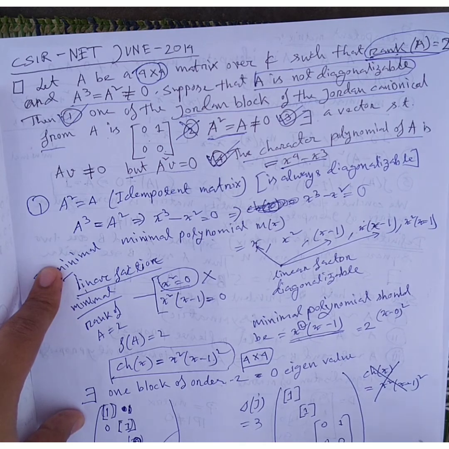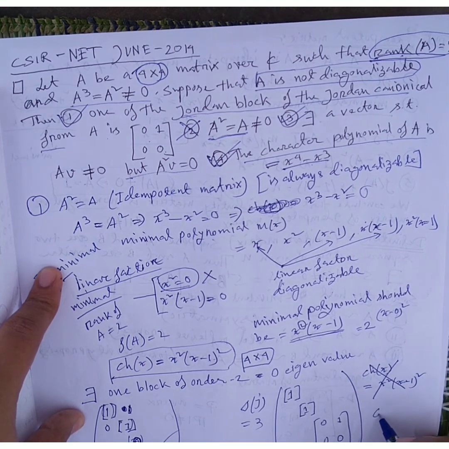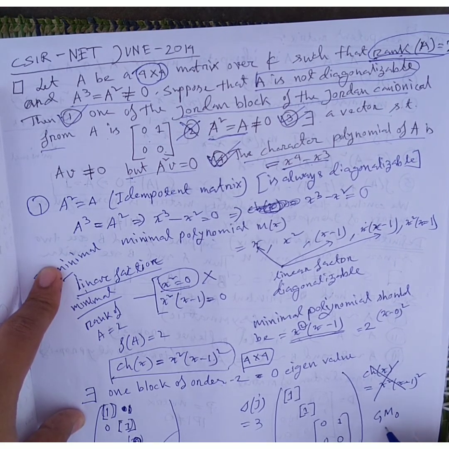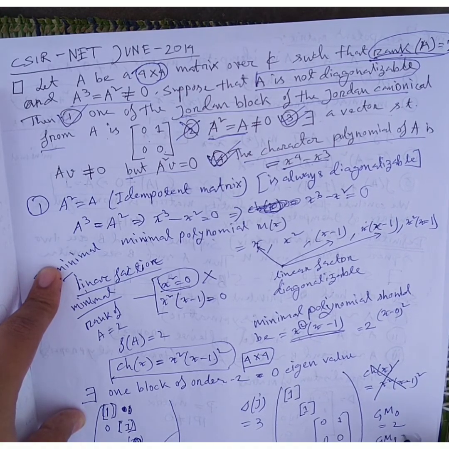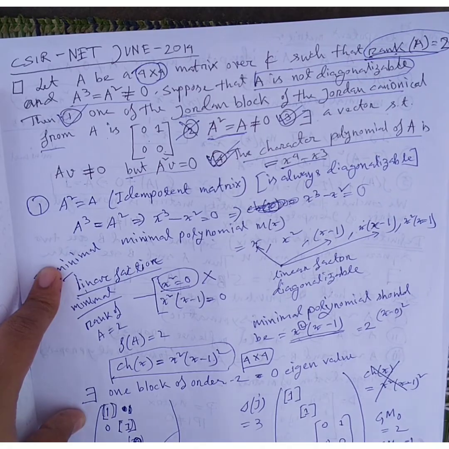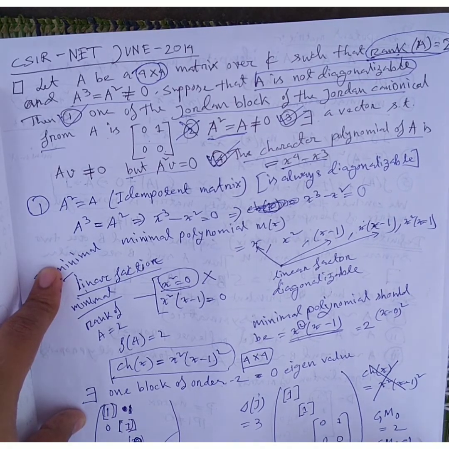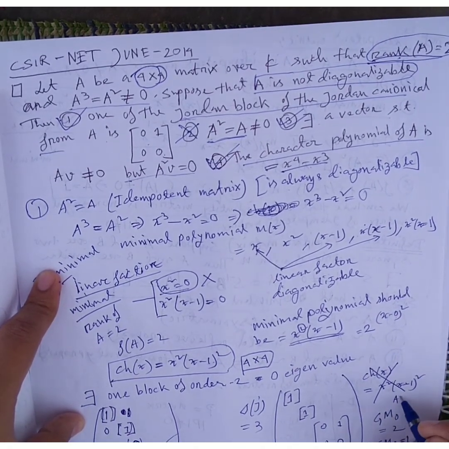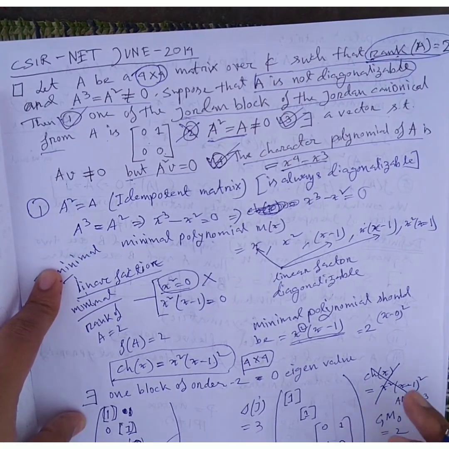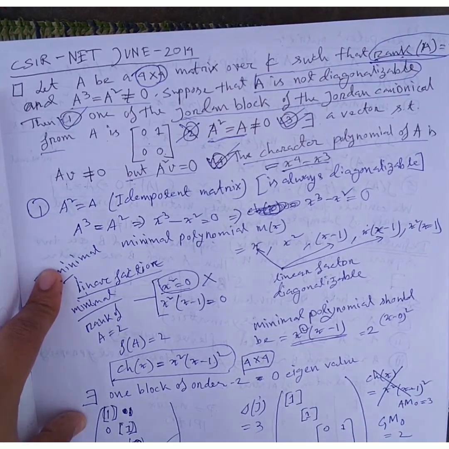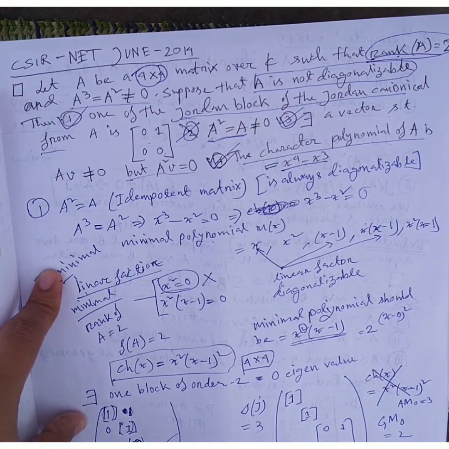So here gm of 0 is equal to 2 and gm of 1 is equal to 1. Okay, gm of 0 is equal to 2, but am of 0 is equal to 3. That's why it is not diagonalizable. In the case of diagonalizable, am equals gm.